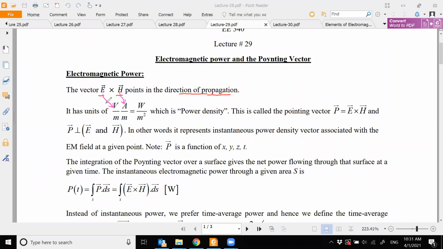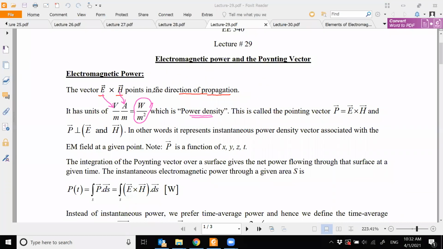And if you combine them, you see that it's watts per meter square. That is nothing but power density. So this is highlighting that your electric field and magnetic field together are actually carrying power in the direction of propagation, power density.